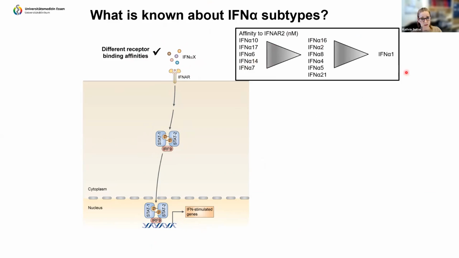Interferon alpha 1 is a very weak binder. It's really bad in binding to receptor subunit 2. These ones here are much better, and these ones here are the best: alpha 10, 17, 6, 14, and 7, and so on. So these are really, really tight binders.